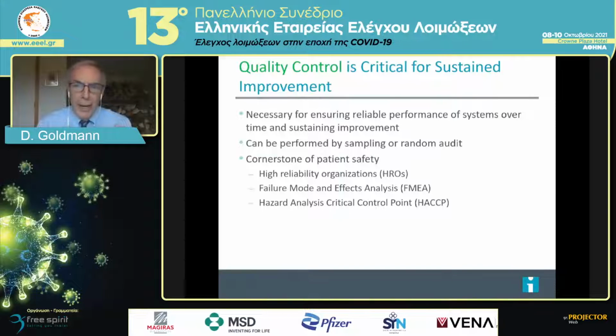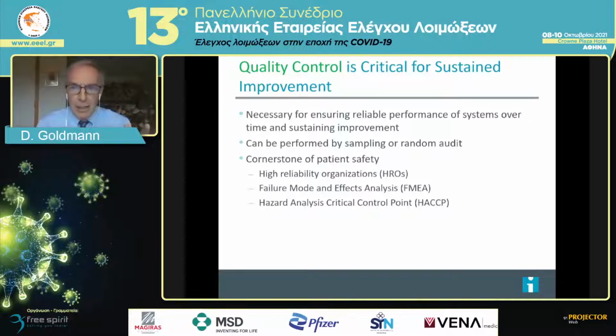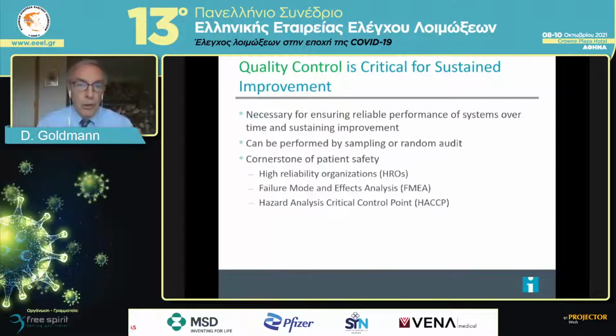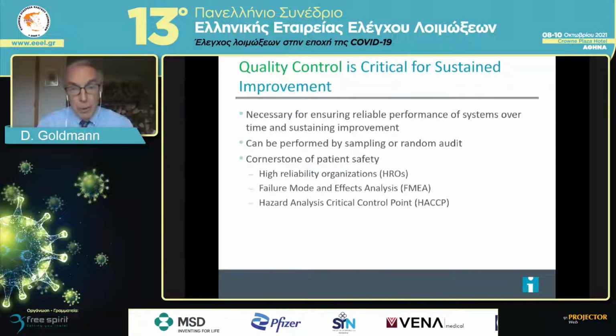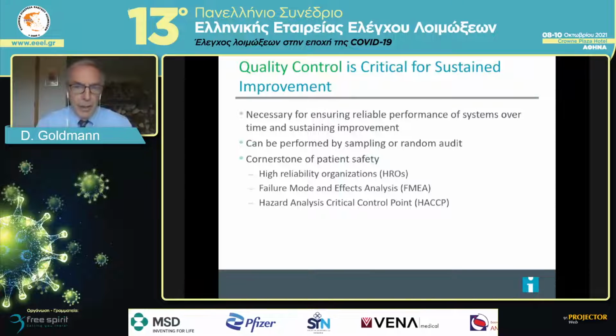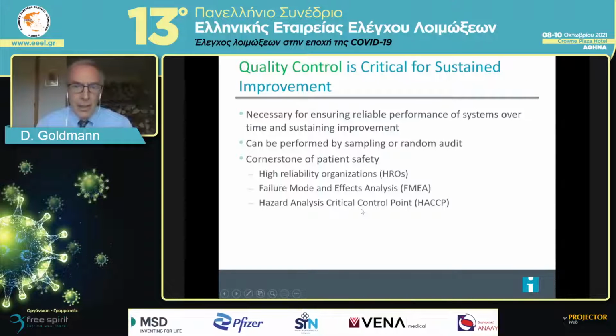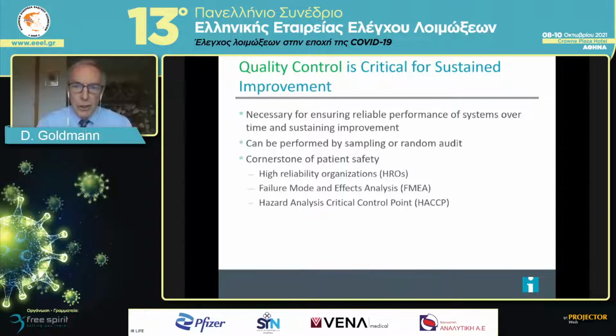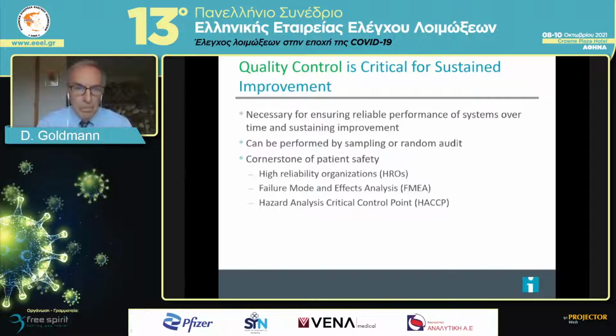You can do it by random audit of what's happening on the wards. If you're in blood banking, you do it all the time by probably regulation. I imagine in Greece as well. If you're in radiology, a sample of the readings are checked to make sure that the performance is as close to perfect as possible.